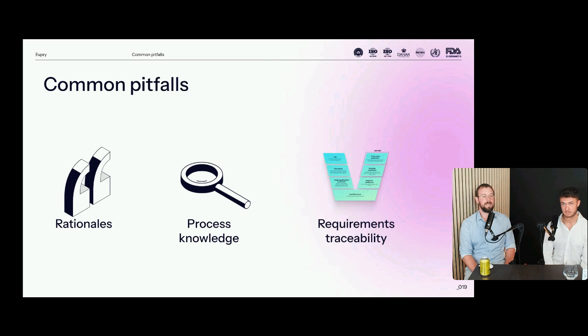So we see this a lot. I think especially in the GDP industries, starting to think about mapping is something that comes in very late in the building and validation and qualification process. But basically, you need to be aware of what your process requirements are from the very beginning, and the earlier the better.